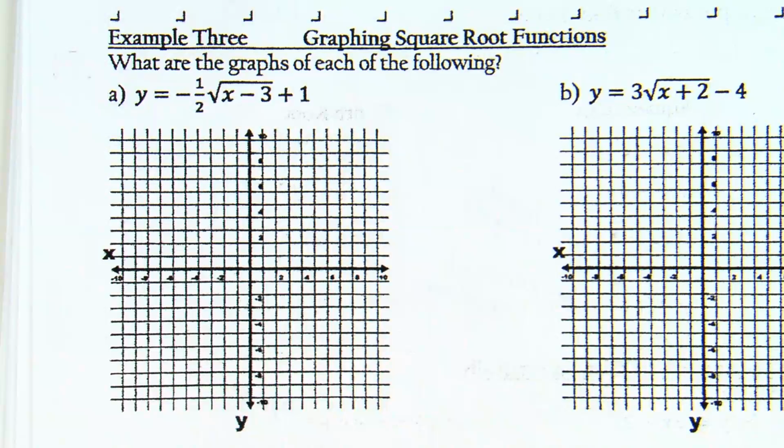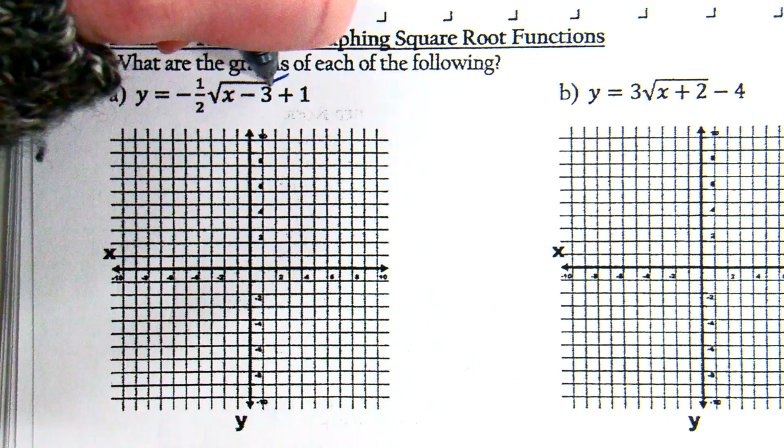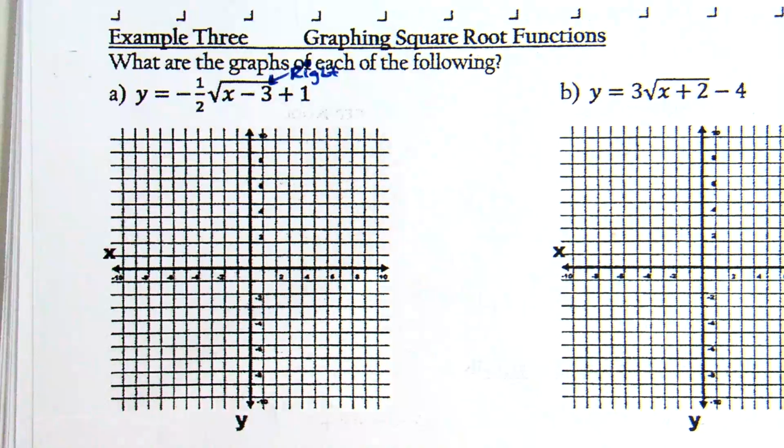It's going to move where? Right 3. Let's start with that idea. Do you guys agree with right 3? There's a minus 3 under the radical, so that's left or right, opposite the sign. So we are going to go right 3 when we graph it.